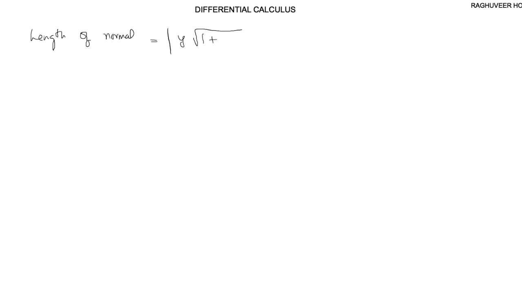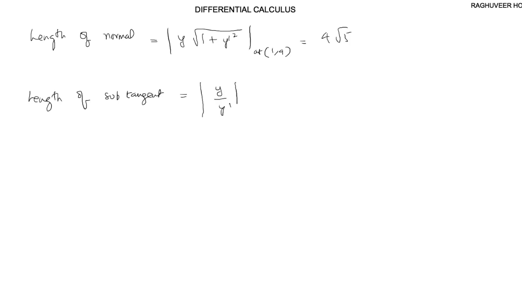that is 4 root 5 by 2. Now let us see the length of normal, which is y square root of 1 plus y dash square. Now this is again at (1, 4), so that is 4 root 5.